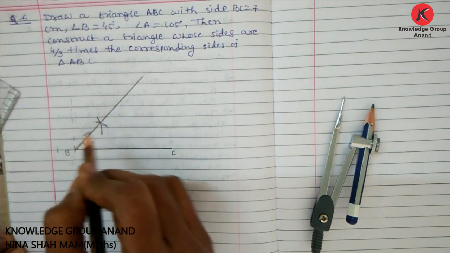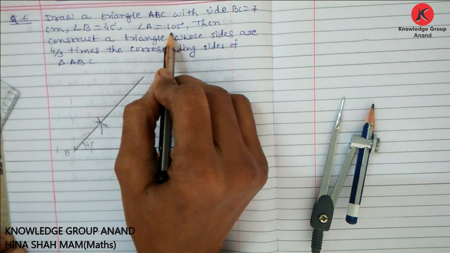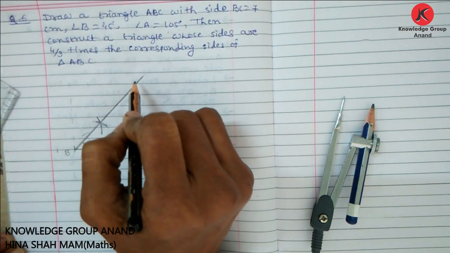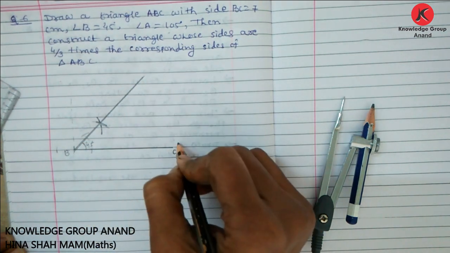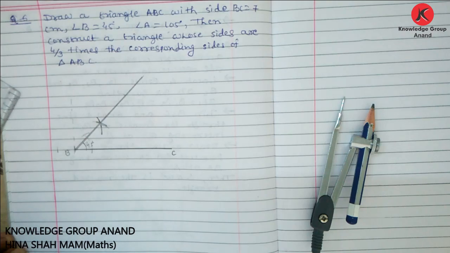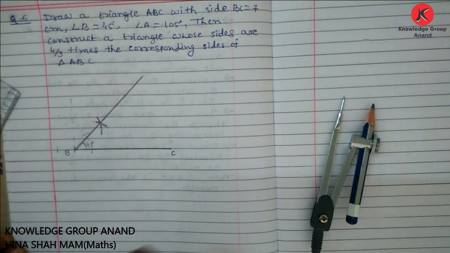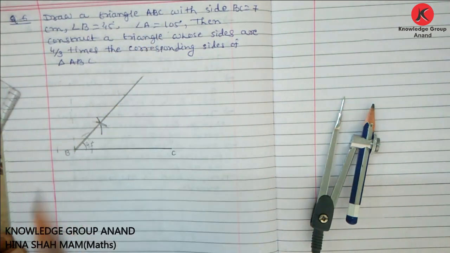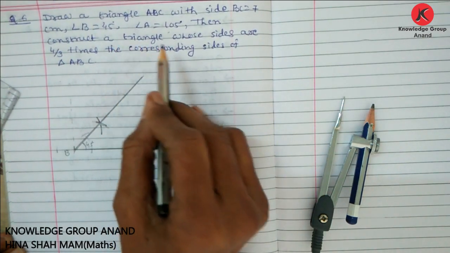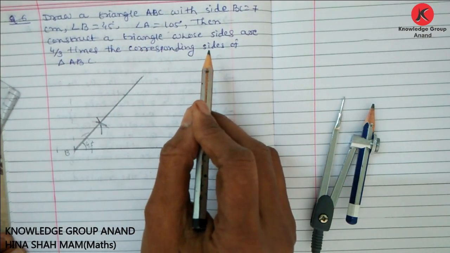In triangle ABC, angle A is equals to 105, B is equals to 45, then C is equals to. We draw here angle C, then it is also automatically angle A is equals to 105. But find angle C. In triangle ABC, angle A plus B plus C is equals to 180.